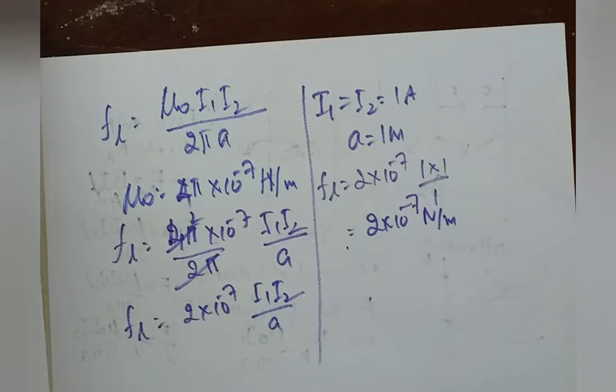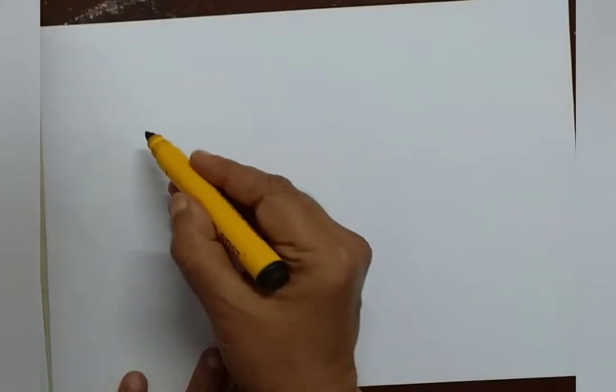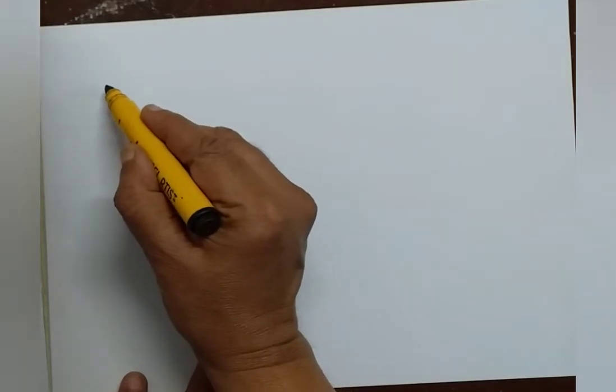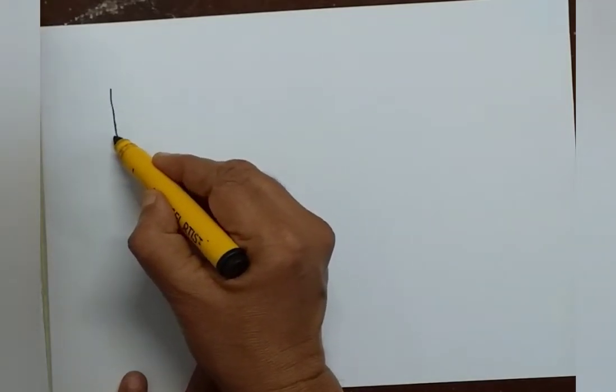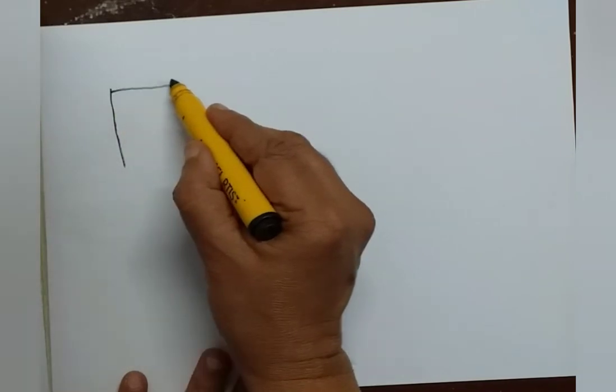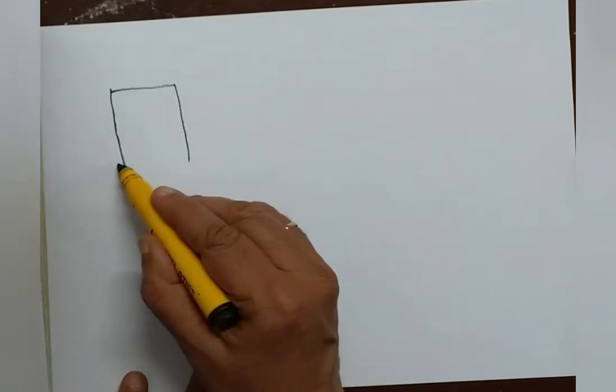So with this, now we start learning what happens when we keep a rectangular coil in a uniform magnetic field. We imagine a rectangular coil like this placed in a uniform magnetic field.